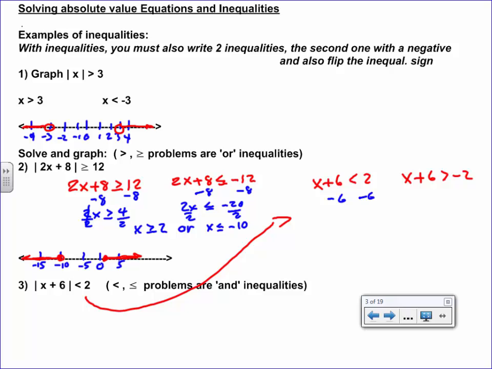Subtract 6. X is less than negative 4. Subtract 6. X is greater than negative 8. Now, because this is an AND problem, they must both be true.